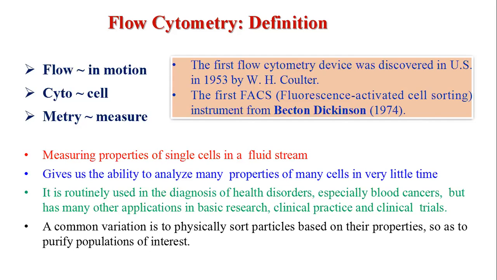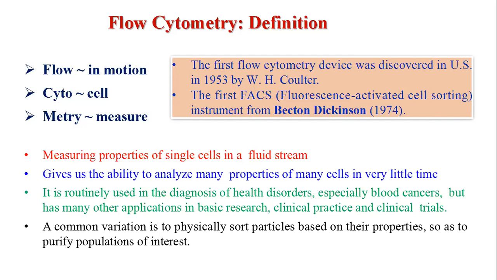But to get a particular type of cell, SEM or TEM is not a handy instrument. And also the cell has to be fixed, so it is not in its actual condition that we are detecting.